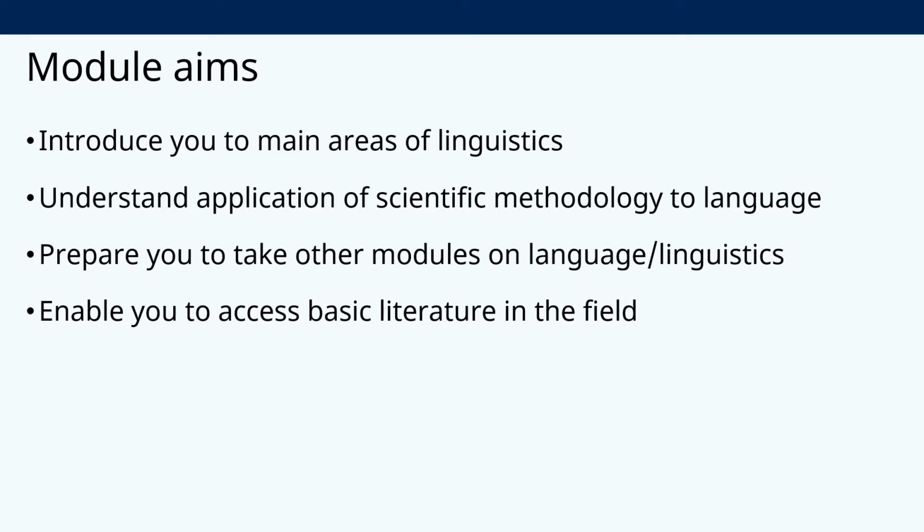So, for example, if you get into child language acquisition later on and you want to read a paper on the so-called WUG test, a WUG being the little animal that's been depicted at the very start of this video on the first slide, then this will enable you to access that literature and have a good understanding of the basic ideas that are at stake and the basic approaches that are available in the field.